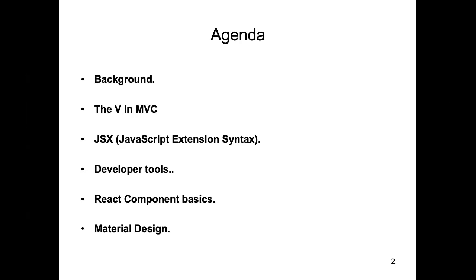Now, the fundamental building block of any React app is what we call a component. So we need to look at the basics of how you implement components in the React world. And the final topic there, material design, relates to styling. There's lots of styling libraries, CSS libraries available to us, which are separate from React.